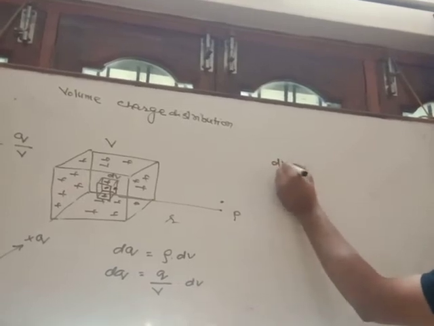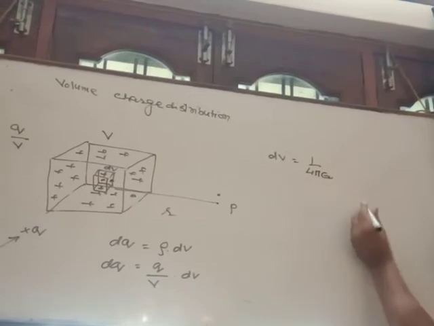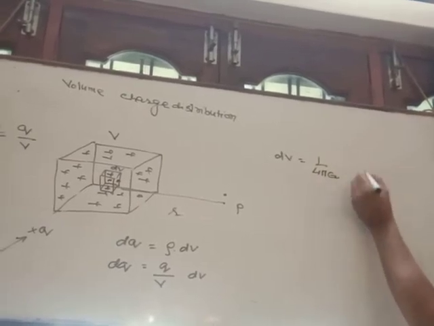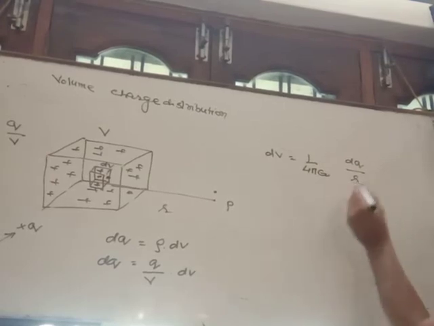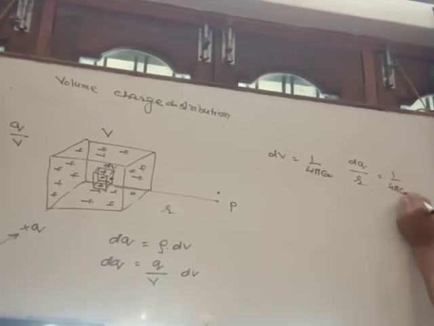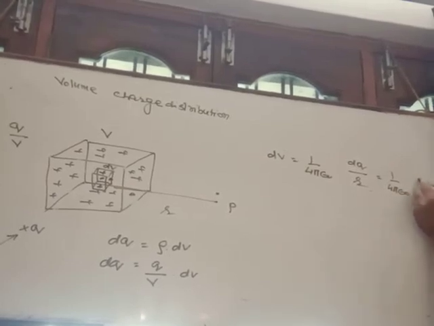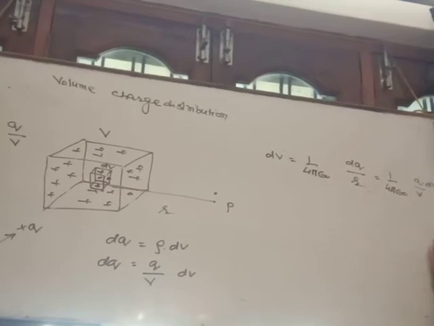Suppose dV is equal to 1 upon 4 pi epsilon 0 into charge dq by distance. It is 1 upon 4 pi epsilon 0 into Q dV by V.